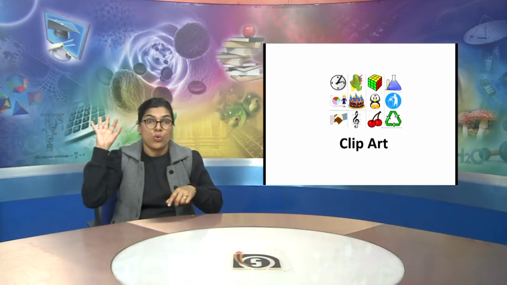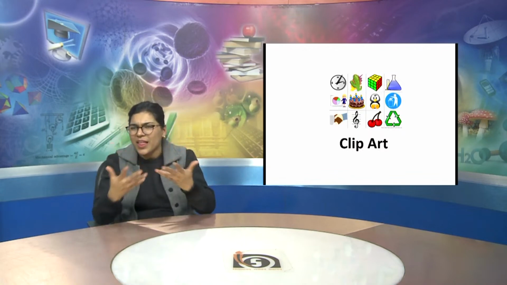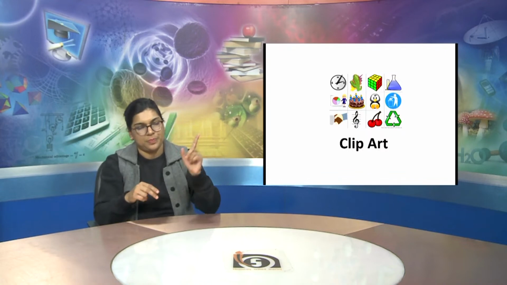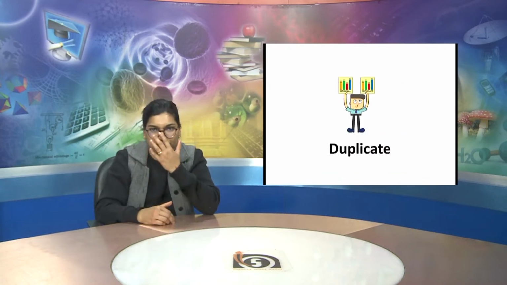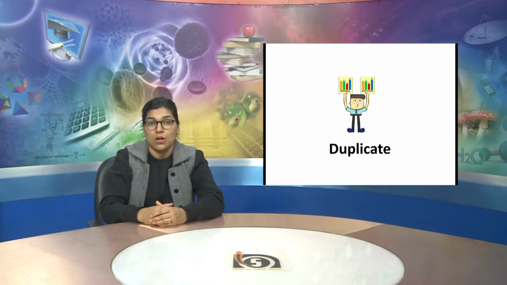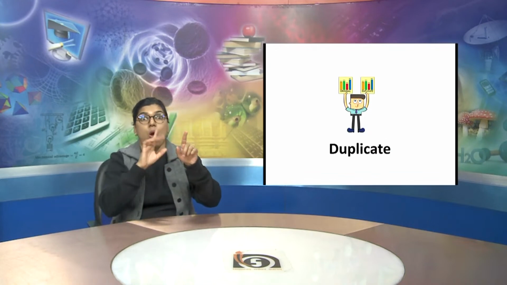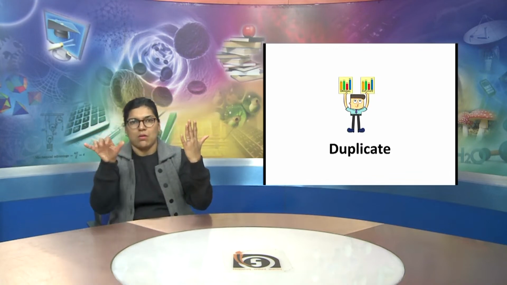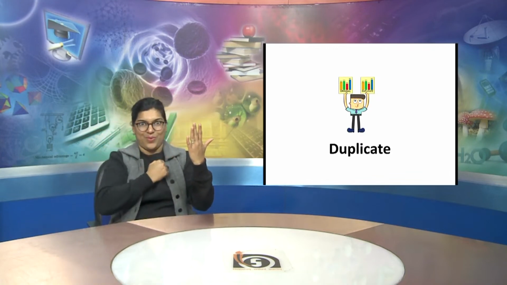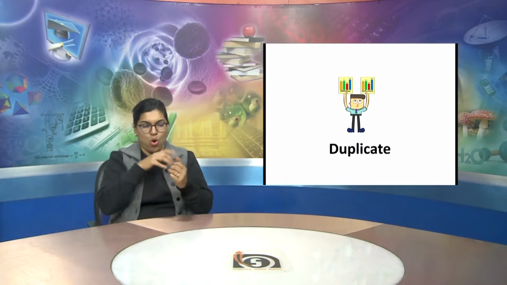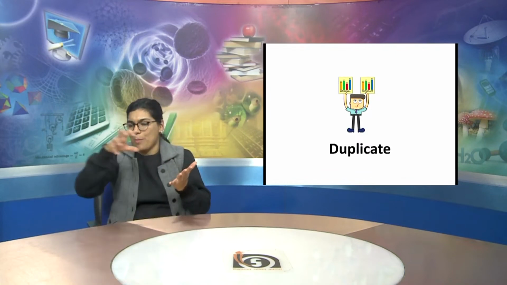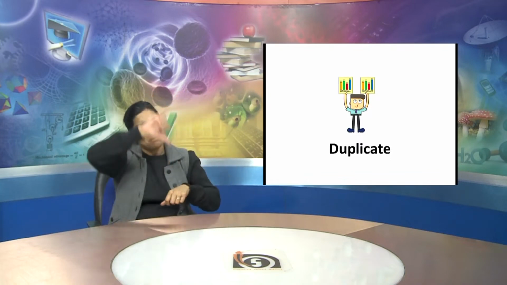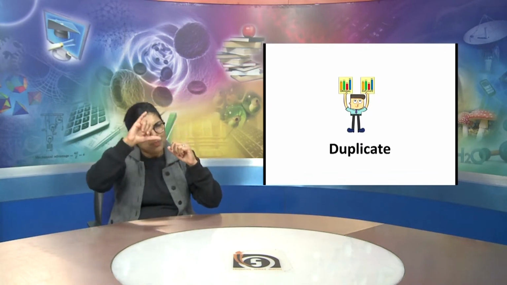Clip art are some kind of artificial images, or you can say animated images. Duplicate. Duplicate is the copy of the original. It looks similar, but it is another photocopy, or you say the Xerox of the original. So that is why we call it duplicate.